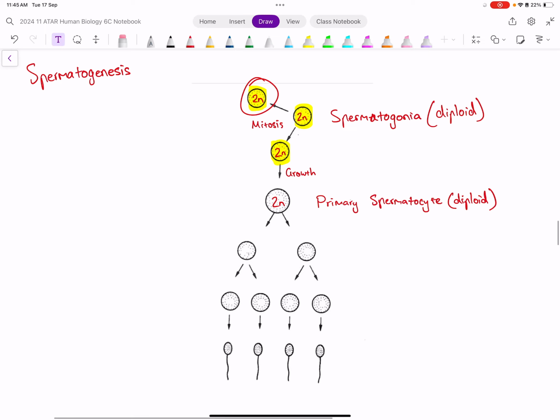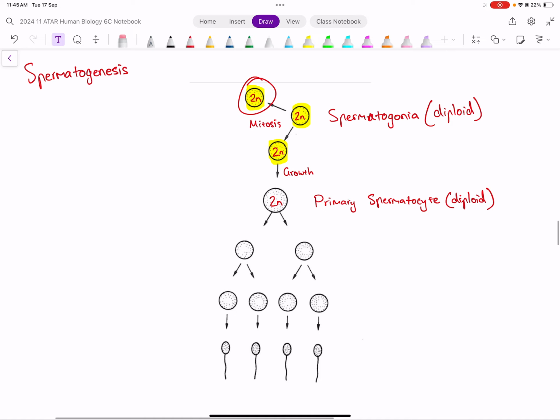This other spermatogonia, as a result of that process of mitosis, however, if I circle that one now in blue, is what is gradually heading inwards towards the lumen of the seminiferous tubule and eventually developing into that primary spermatocyte.